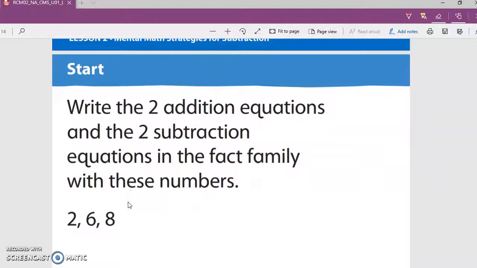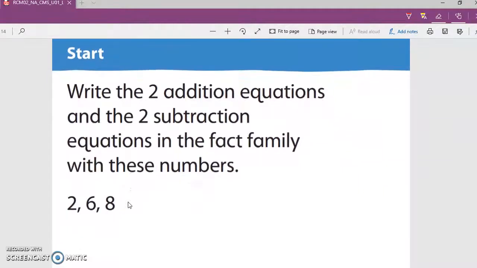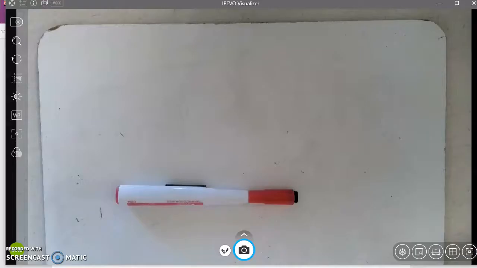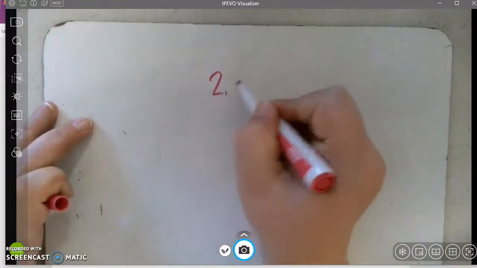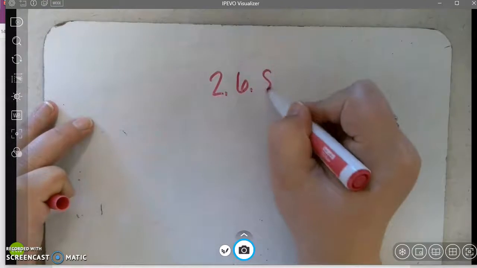And in just a second, I'm going to ask you to pause the video to start this, but let's talk about it for just a second so that way we remember. It says write the two addition equations and the two subtraction equations in the fact family with these numbers. So your numbers were 2, 6, 8.